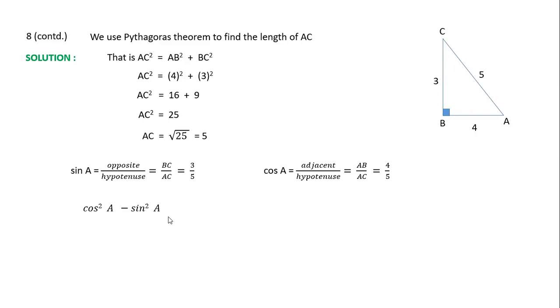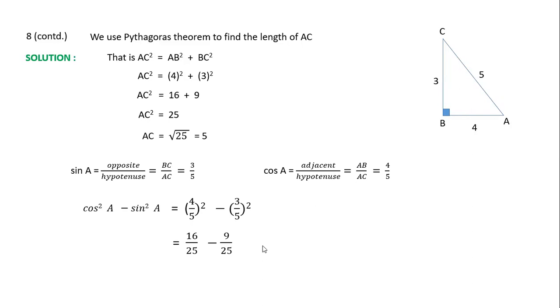What he asked us to calculate? Cos square minus sine square. So cos square means square of this number and minus square of this number, which is 4 upon 5 whole square minus 3 upon 5 whole square. Take the square. 4 square is 16 upon 25. This square is 9 upon 25. Denominator is same.